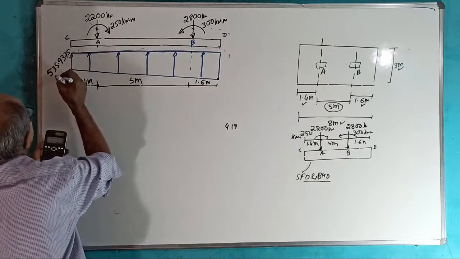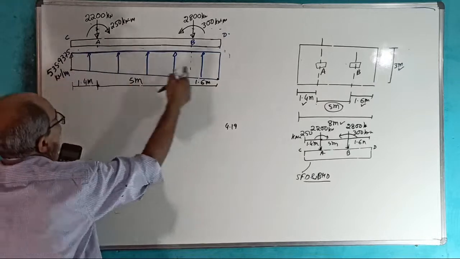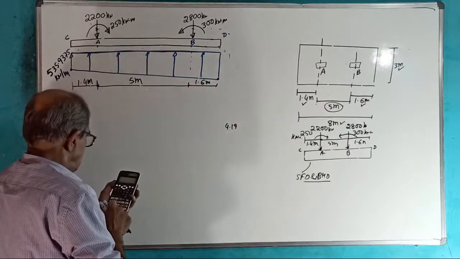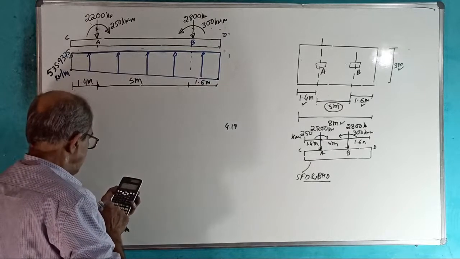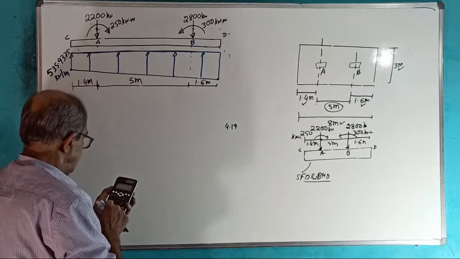And the other answer is 5000 divided by 8 plus 6 into 0.19 into 6 divided by 8 square.